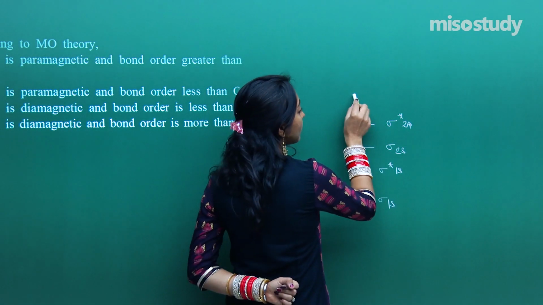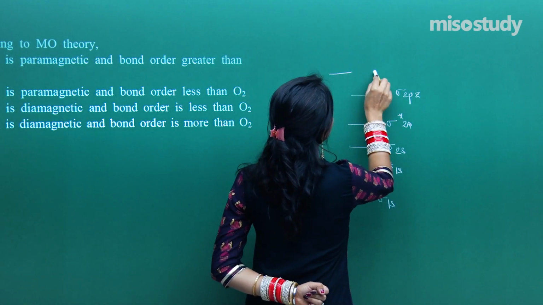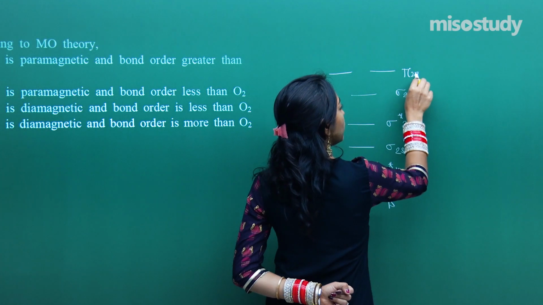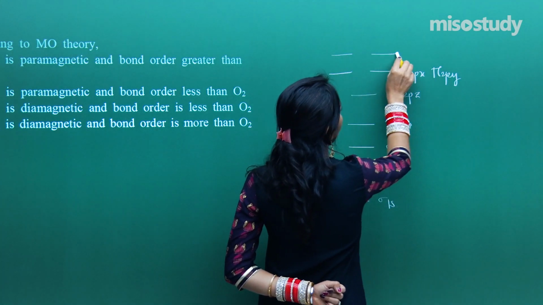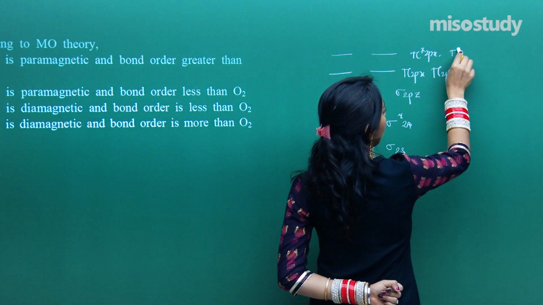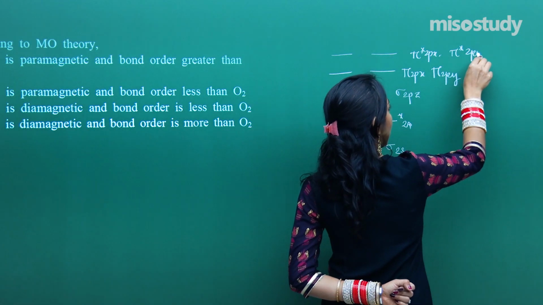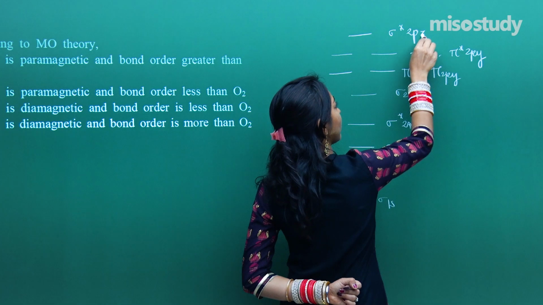Then for oxygen we have sigma 2pz, then pi 2px, pi 2py, then pi star 2px, pi star 2py, and finally sigma star 2pz.